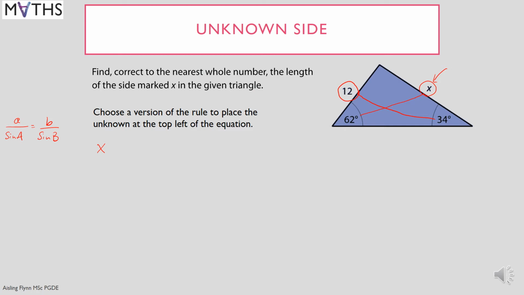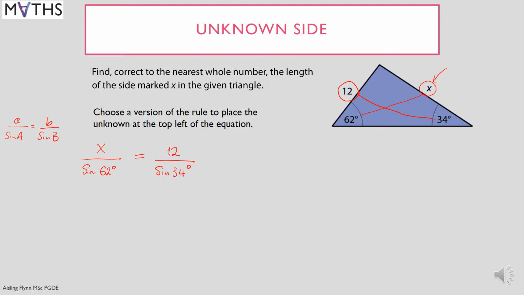My unknown side is x, and that's over the sine of its matching angle, which is 62 degrees. That ratio should be equal to, now if one side is on top, the second side should be on top also, so 12 over sine of 34 degrees.